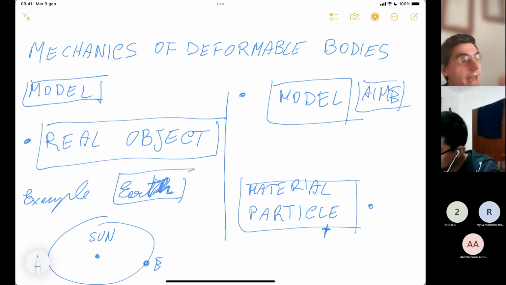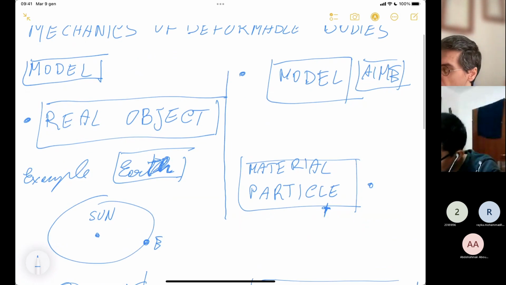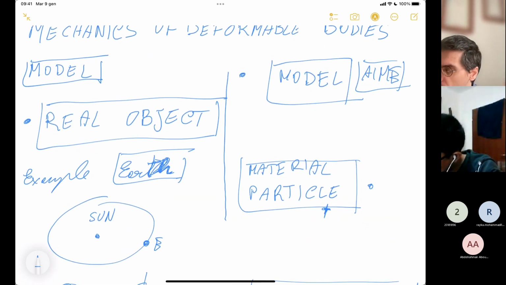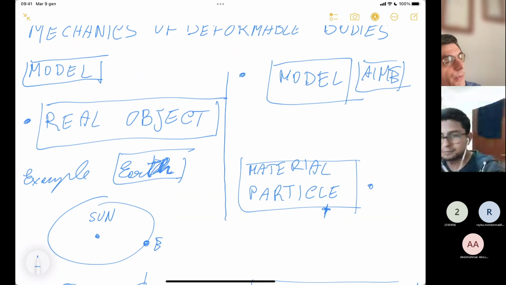The scope, the end of the model. So we have to ask ourselves this question. The model, every model, has the aim to predict some outcome of a real object.